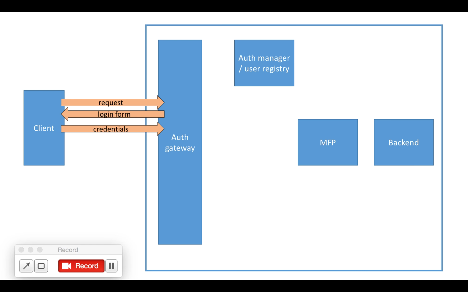The authentication gateway detects that this session is not authenticated yet, but it knows that the client is trying to send it credentials. So the authentication gateway goes to that authentication manager or user registry entity and tries to validate those credentials, and it will get either success or failure. Let's assume the authentication gateway received success. So the authentication gateway creates a cookie, some kind of access token.